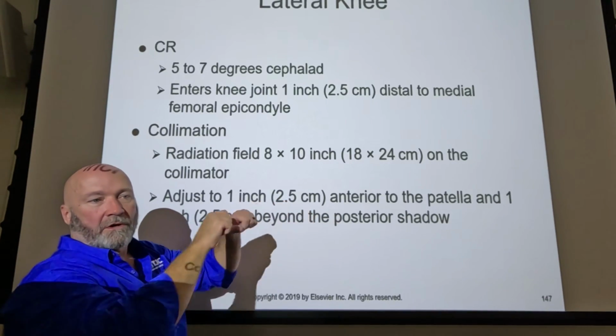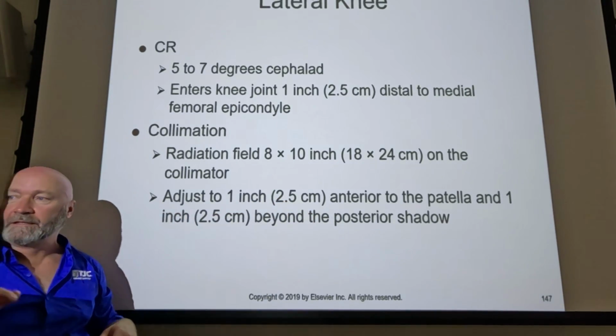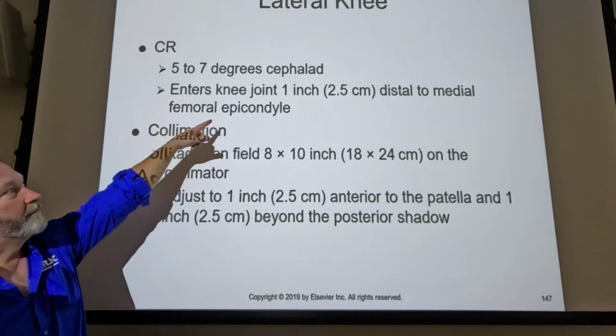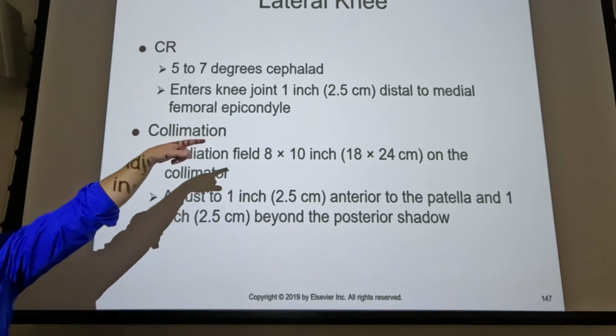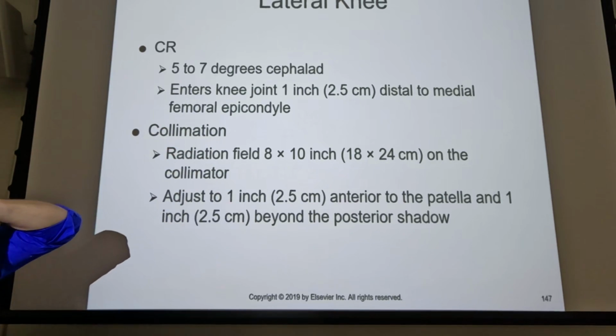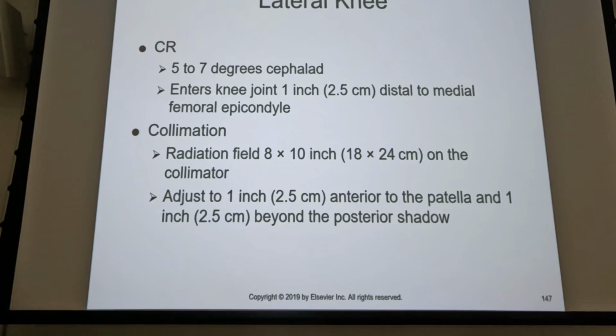Okay? So where we have a difference in angulation according to the thickness of the ASIS to the tabletop for the AP, for the lateral, everybody's going to get 5 to 7 degrees cephalic angulation. Okay? Everybody.